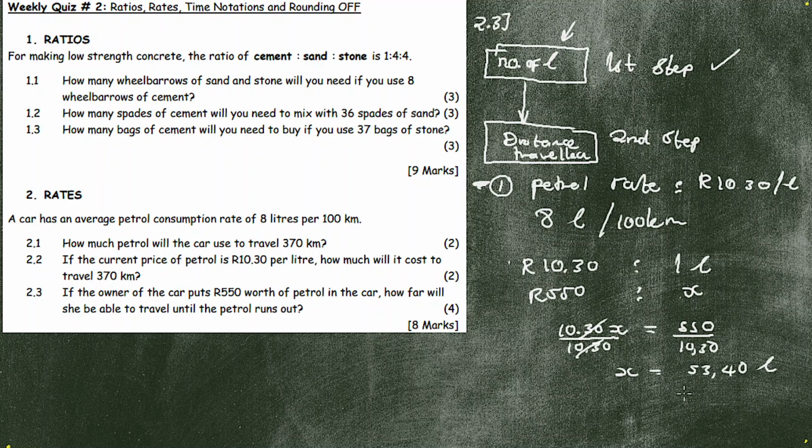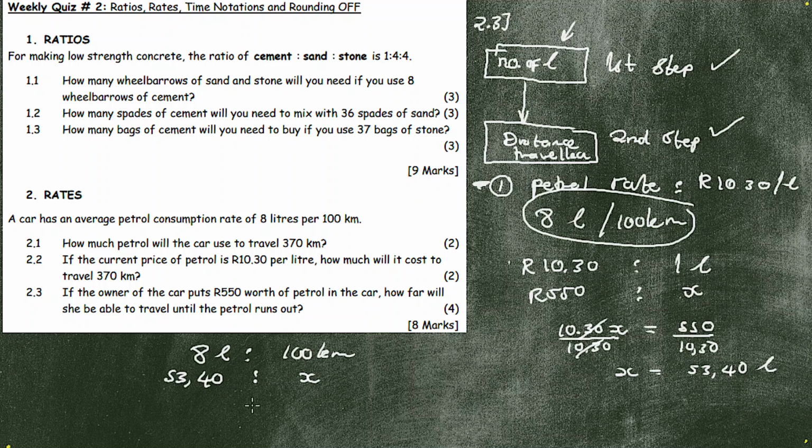So how far can these 53.4 liters take us? That answers the question. So we are on the second step, and I'm using the second ratio. That's 8 liters per 100 kilometers, right? So I have 53.4 to x.